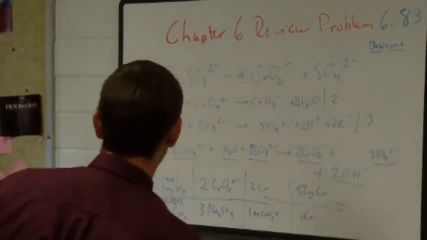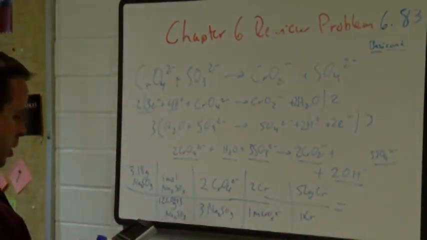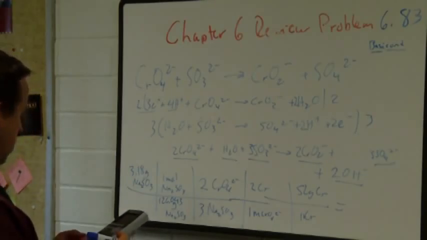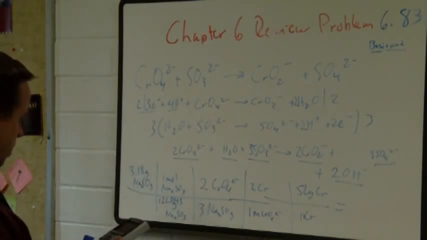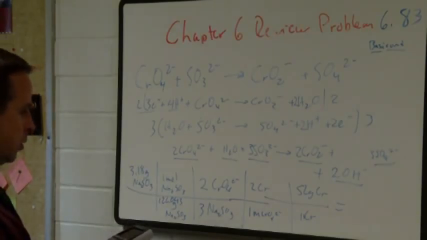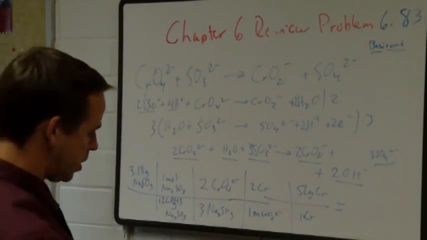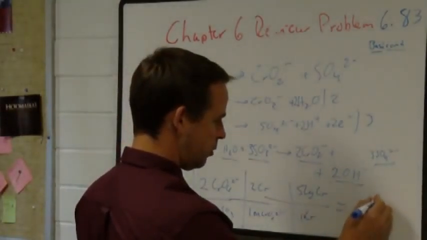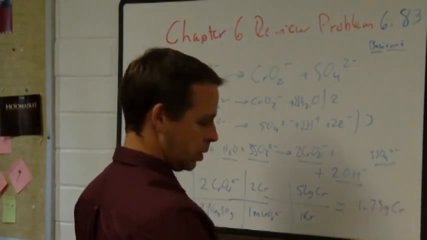All right? So if we take 3.18 divided by 126.043 times 2 divided by 3 times 2 times 52. And this tells us how many grams, 1.75 grams of chromium.